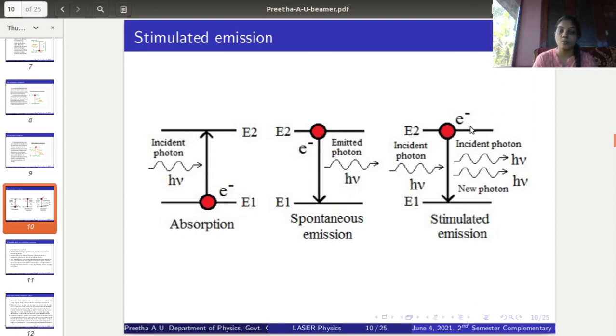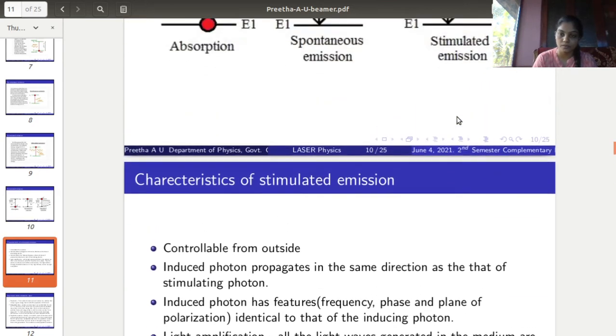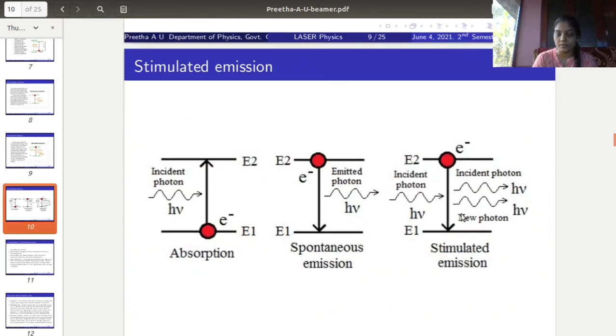But this cannot happen normally, because whenever the atoms at the ground state are excited to the high energy level, they de-excite soon, so population inversion can never be achieved.